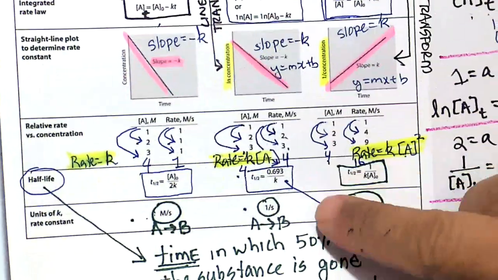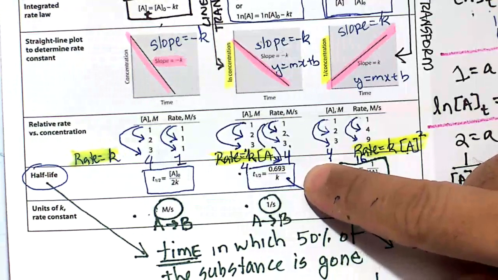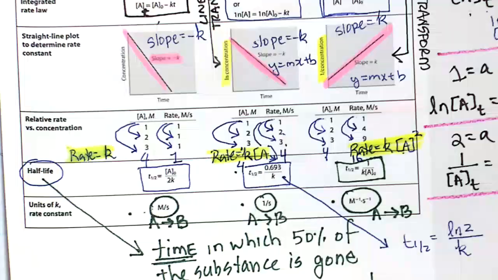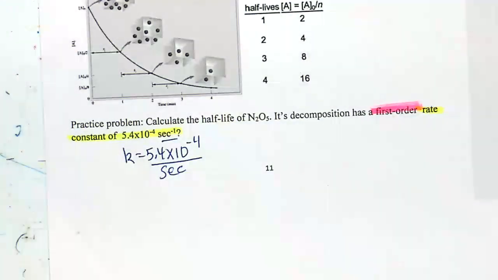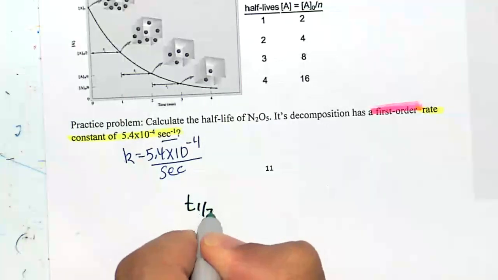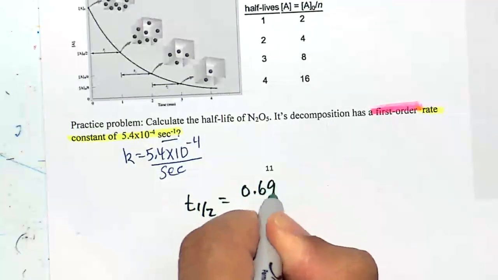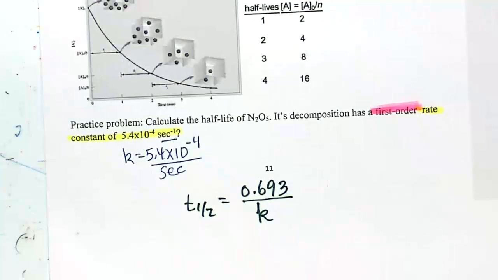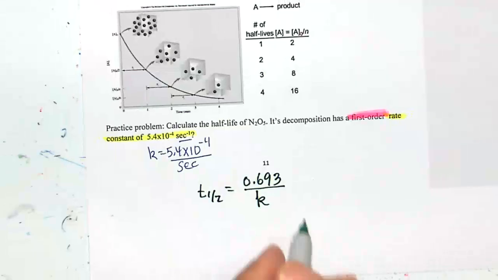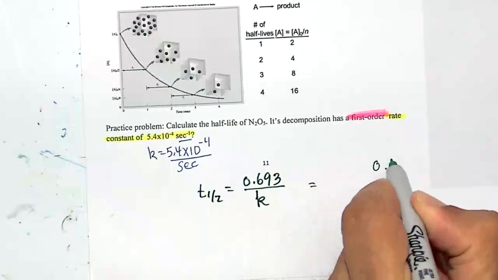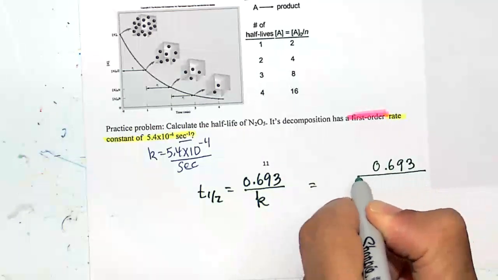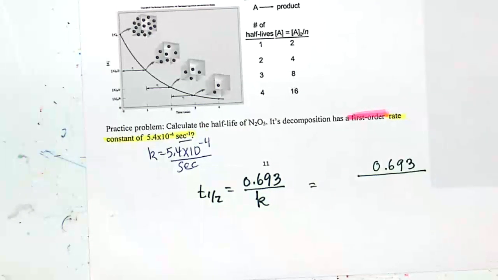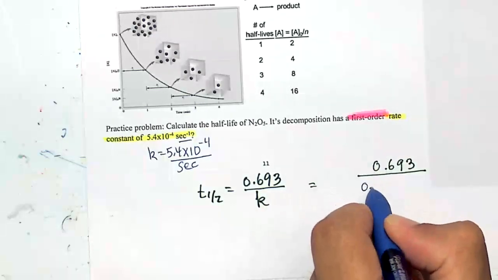It's first order. Half-life is 0.693 divided by k. So this is straight up plug and chug. That's what I'd like for you to do on the test. So the half-life here is going to be 0.693 divided by 5.4 times 10 to the minus 4 inverse seconds.